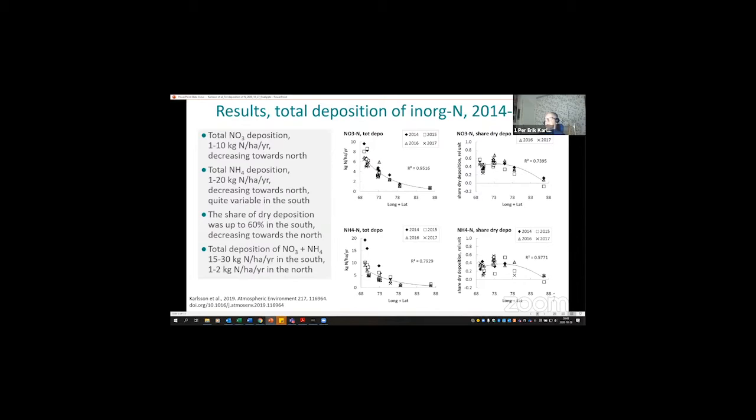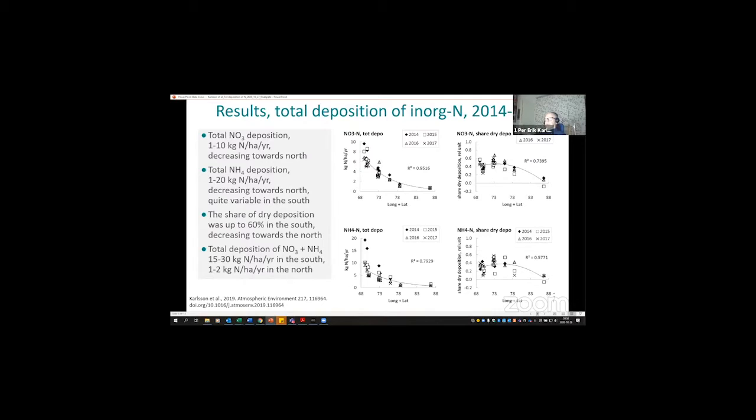In the upper row, you have nitrate nitrogen, and in the lower row, ammonium nitrogen. The left column is the total deposition in absolute values in kilograms nitrogen per hectare per year, and the right column is the share of dry deposition to total deposition.